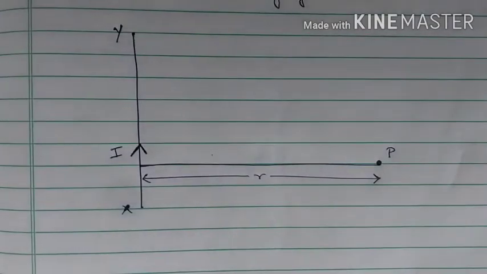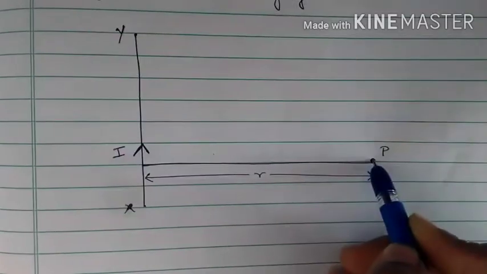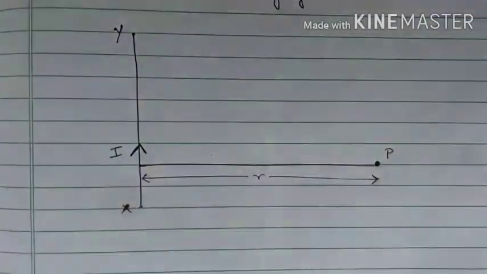Now for this we have to find the magnetic field at point P due to a small element from this current carrying conductor.